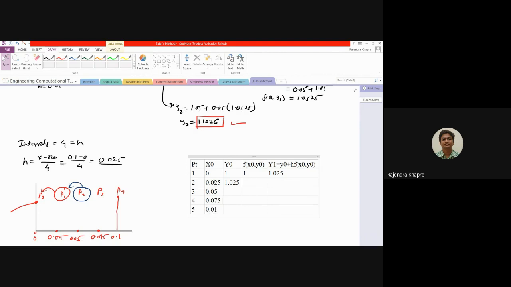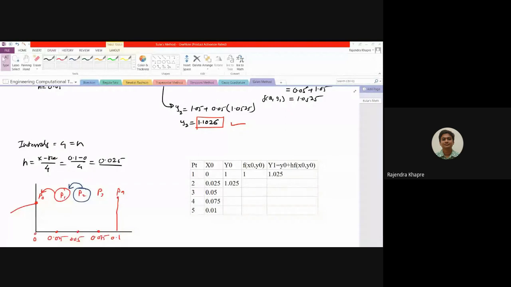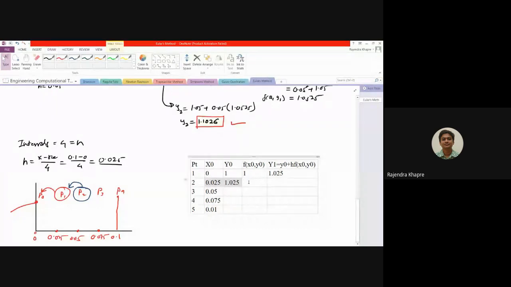Now using these two values, you have to calculate the slope. Can you give me the value of slope, that is f of x0 and y0, but this time x0 should be taken as 0.025 and y0 should be 1.025. 1.0256.